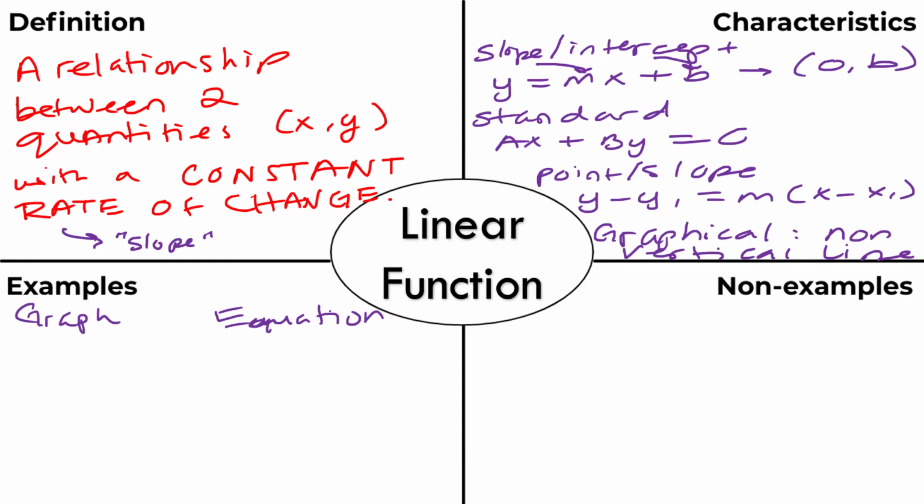So again, a graph just has to be a non-vertical line. It can be whatever your heart desires. There's a graphical representation. Is it vertical? No. Okay. Your equation can be whatever you want it to be.